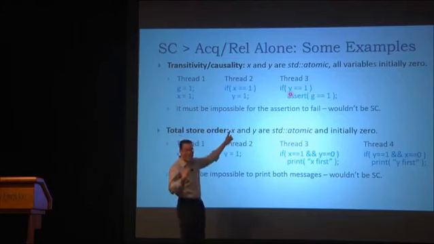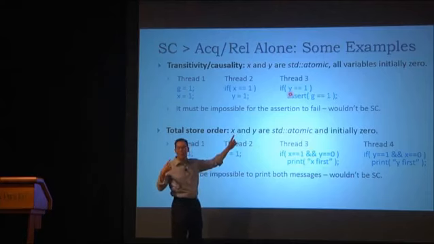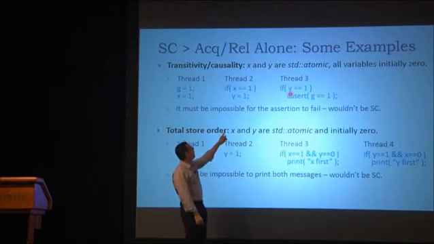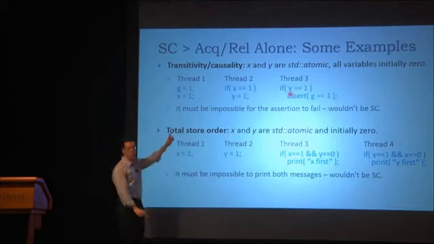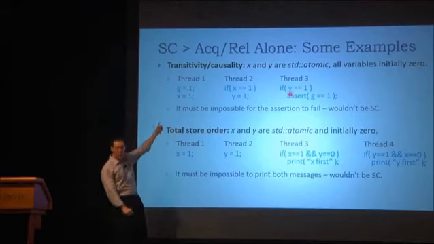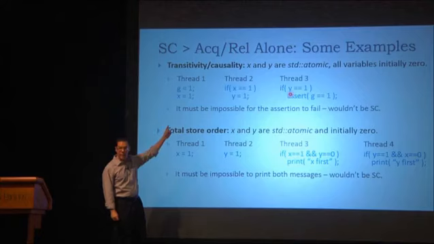Which means I could reason, and this is the reasoning we have to make sure we don't break, that therefore it must have tested x and seen it to be 1. Therefore, I can reason that thread 1, who's the only guy who set x to 1, has reached that far, which means he has also set the value of g.